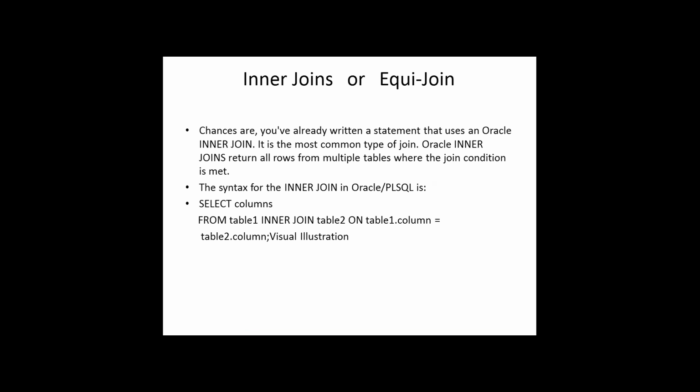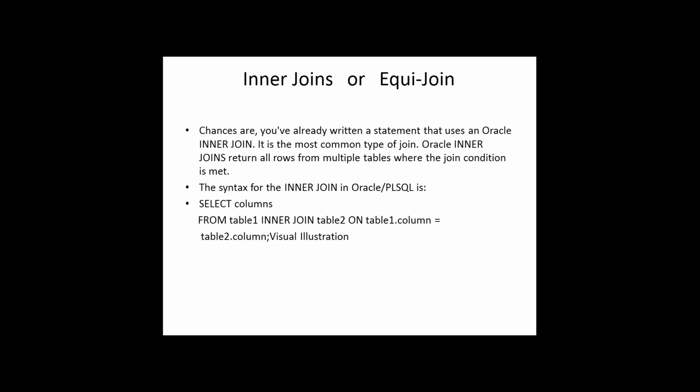The syntax is simple. Select the columns, which can be from table 1 or table 2, from table 1 inner join table 2 on table 1 dot column and table 2 dot column. There is a different way as well, which I'll explain.